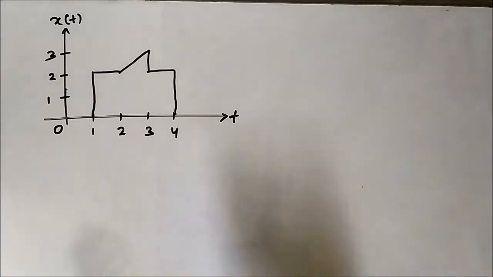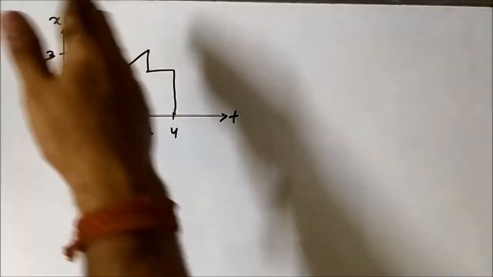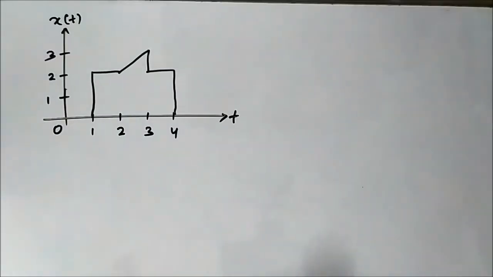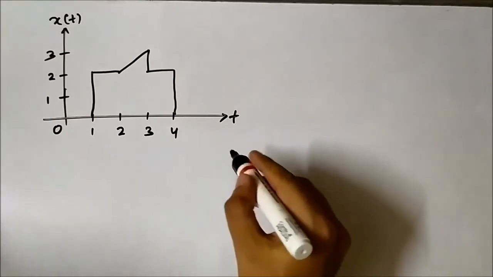In this video we are going to see the combined operation of amplitude scaling and inversion at the same time. Okay, so here we have a signal which has this shape, and we have to perform this operation.